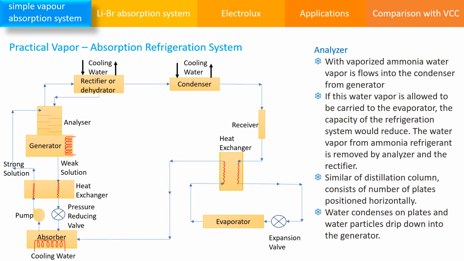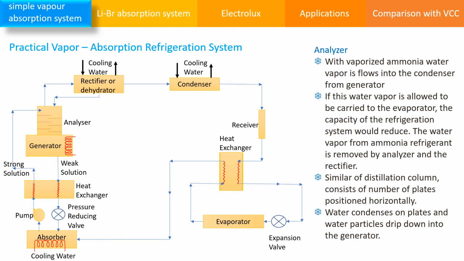Firstly, the analyzer. The analyzer is installed after the generator. Now in our simple vapor absorption system, the strong solution from the pump is directly provided to the generator. Here it is first passed through the analyzer.